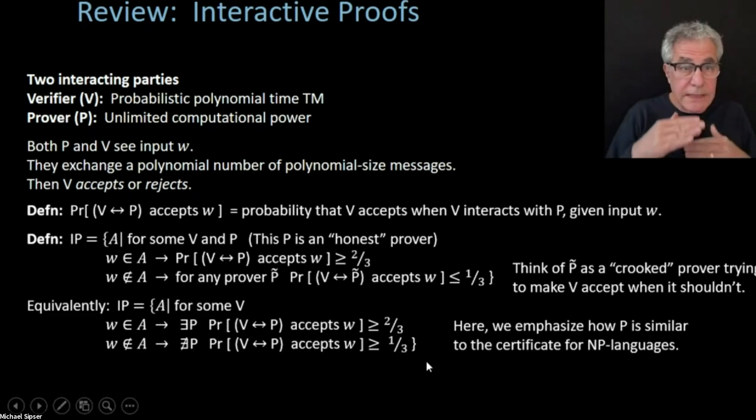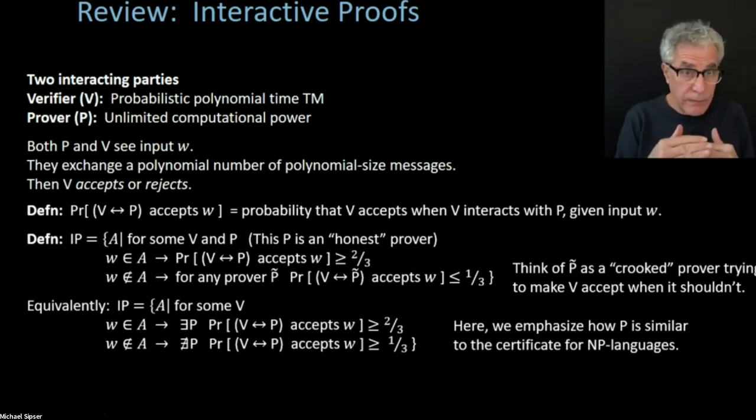What's important is this gap, just like with BPP, between acceptance and rejection. That gap is there because we want to be able to use the amplification lemma. If there was no gap, you wouldn't be able to amplify and make the probability of acceptance extremely high when you're in the language, and extremely low when you're not in the language.